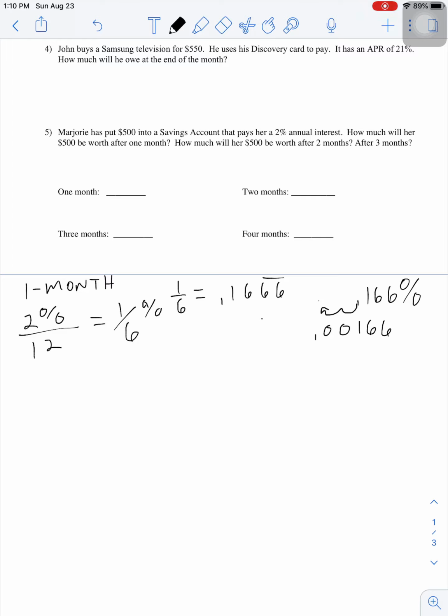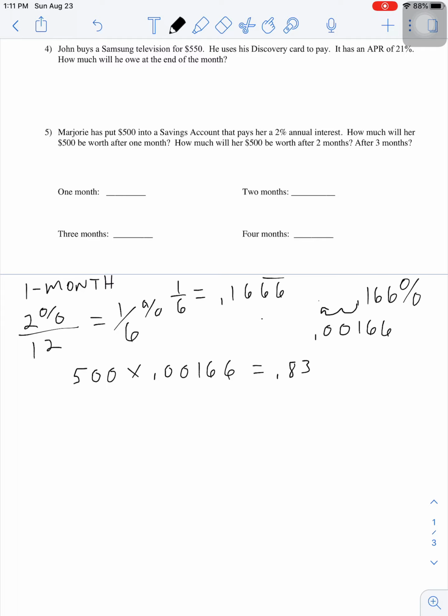All right, so now we can calculate. I can take the 500 times 0.00166, and this would be the time that you have a calculator. If I literally did 500 times 0.00166, it's going to give me 0.83, or 83 cents.